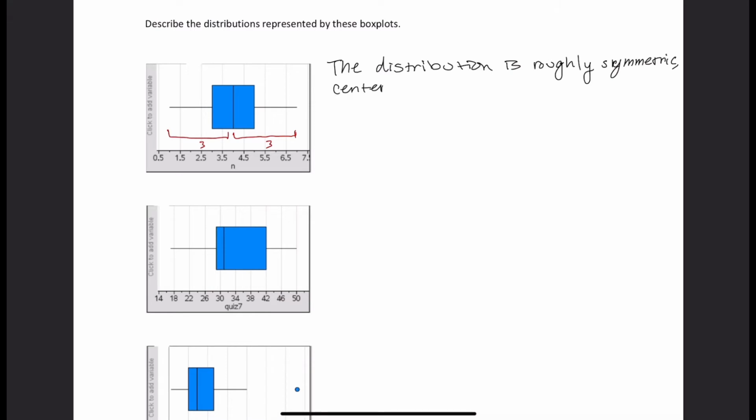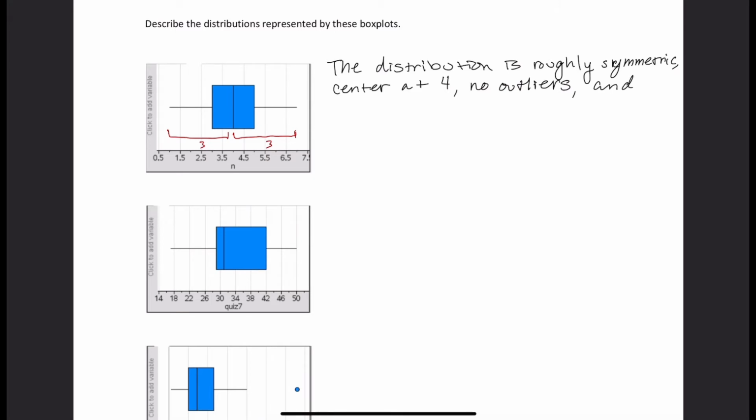It has that center where the median is, so that center is at 4 because it's sitting right there. And we need to talk about our outliers. Remember, outliers are always displayed as dots on a box plot graph. So since there are no dots, we can definitely say there are no outliers in this distribution.